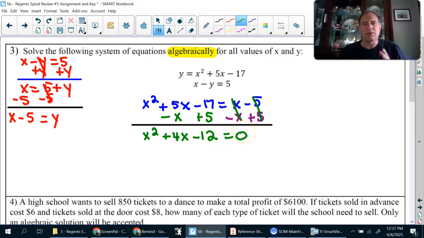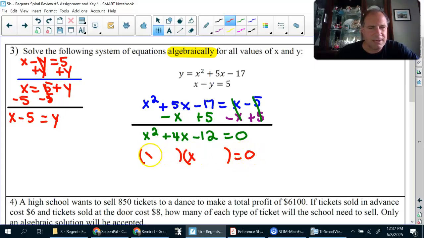It's important that you put that 0. So this is a trinomial, and what I'm going to try to do is factor it into 2 binomials. Let's see if it works though. So this is x times x, because x times x is x squared.